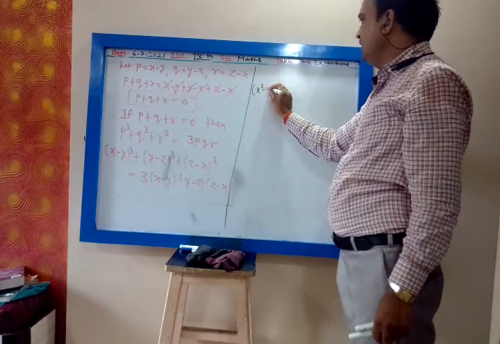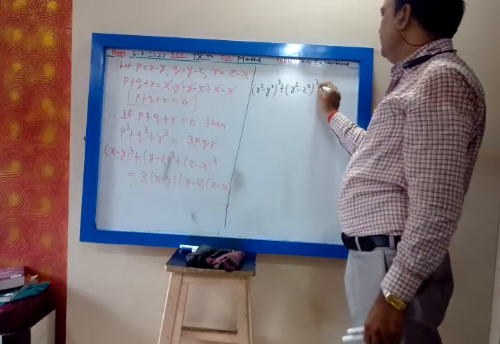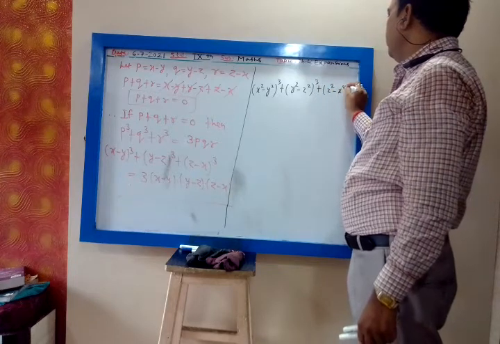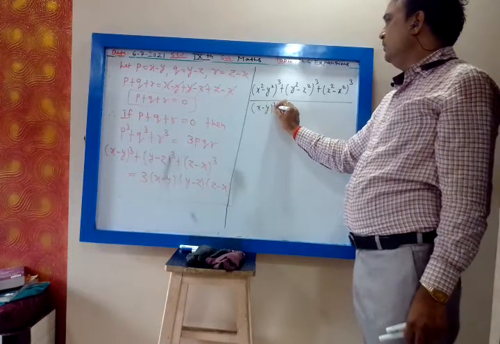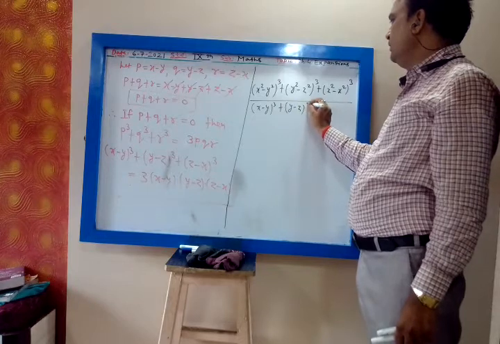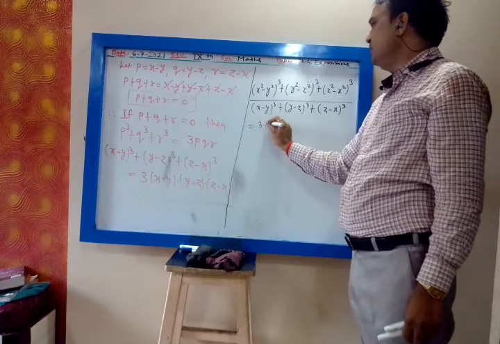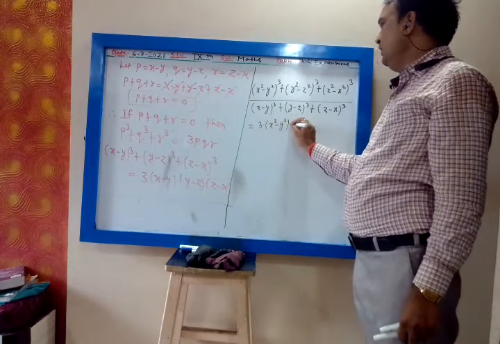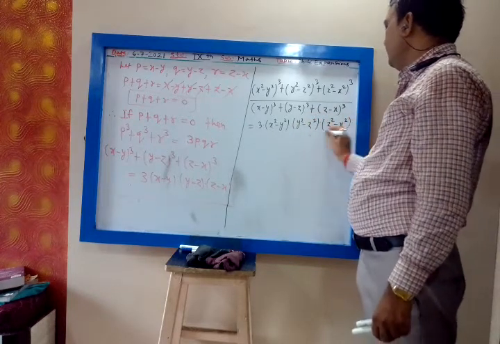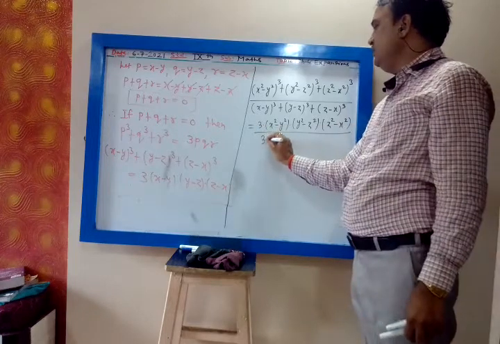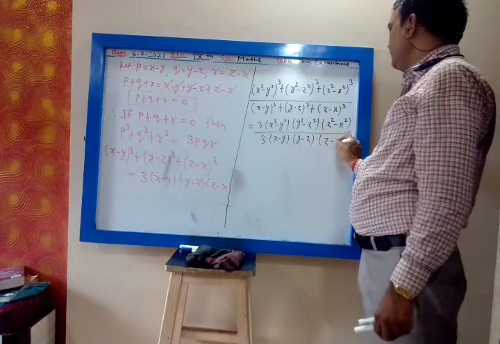So (x² − y²)³ + (y² − z²)³ + (z² − x²)³ upon (x − y)³ + (y − z)³ + (z − x)³. We have simplified the numerator, that is 3 times (x² − y²)(y² − z²)(z² − x²), upon the denominator we have simplified, that is 3 into (x − y)(y − z)(z − x).